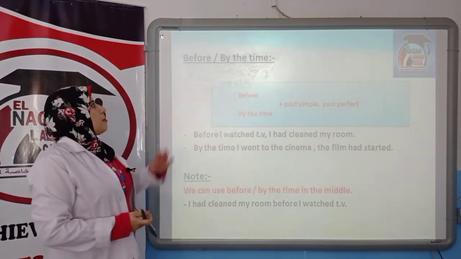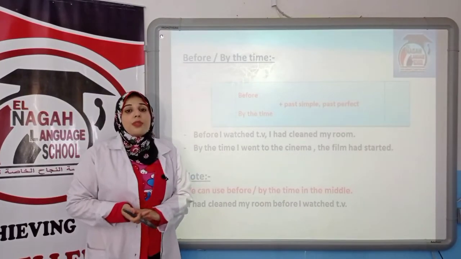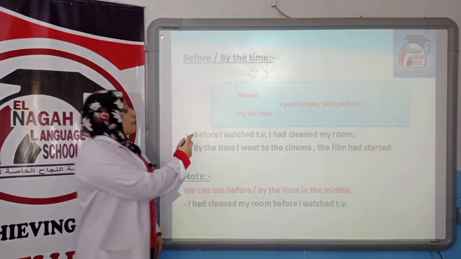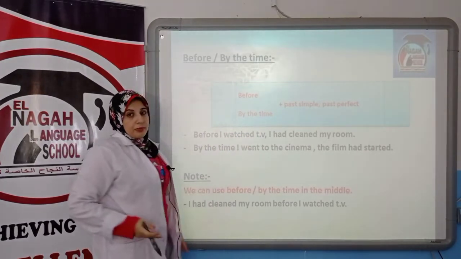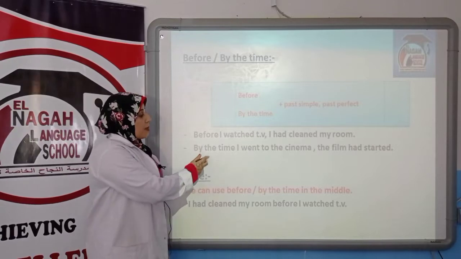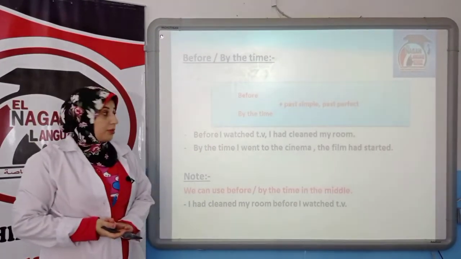Then, before and by the time. Also, they are the same. Before I watched TV, I had cleaned my room. By the time I went to the cinema, the film had started.